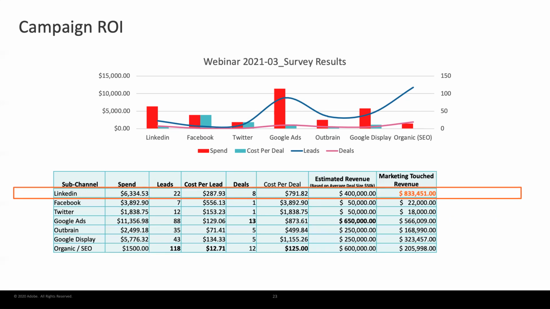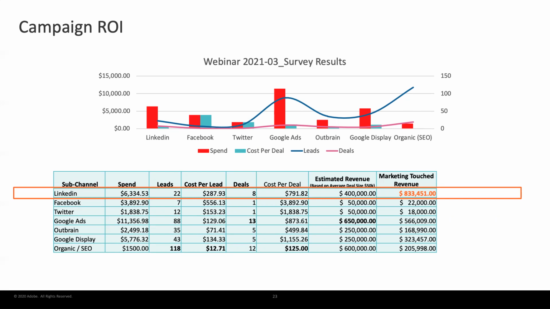What's really interesting is when we start to shift from what the estimated revenue is into actual marketing touched revenue. So it may turn out that certain channels actually provide deals that close at a much larger size than the average, or what you've estimated your average is at.